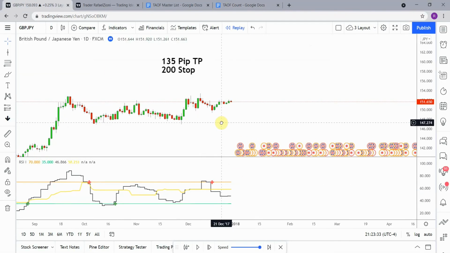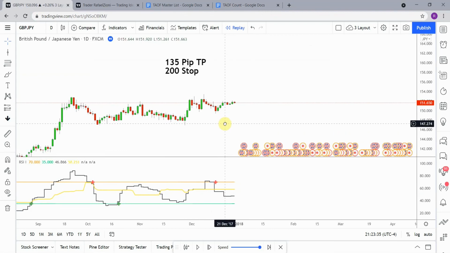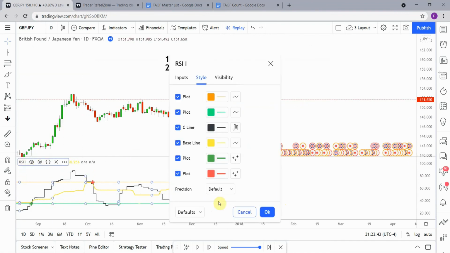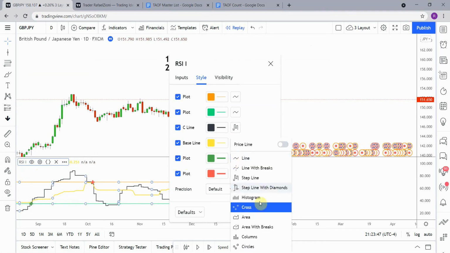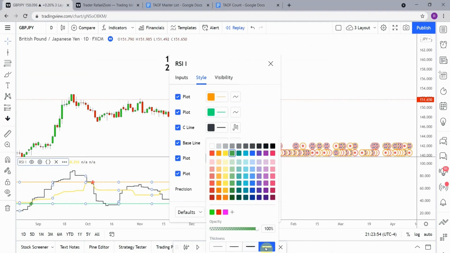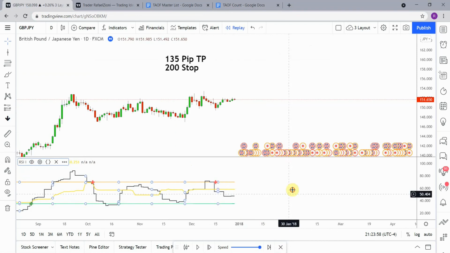Alright, so today's indicator is the RSI I Indicator, and you can see it here on the bottom of the screen. I did go in and make a slight modification to these crosses, the plots. I bumped up the weight of those just a little bit so you can see them a little bit clearer.